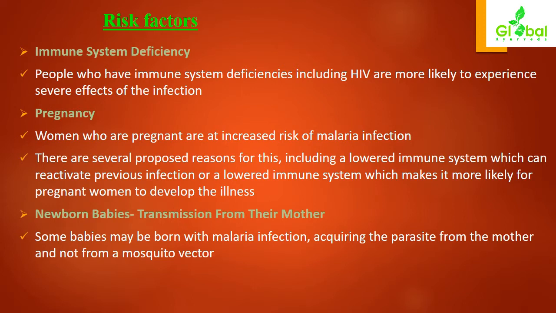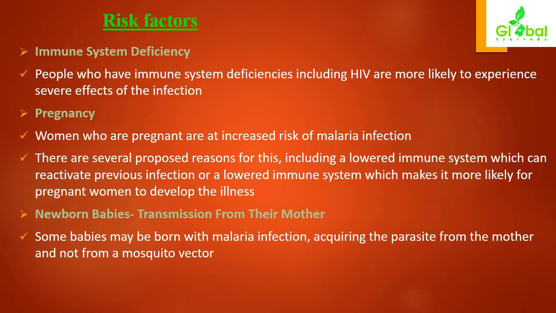Especially in a pregnant woman, the immune system will be very weak, and this weakness will cause reactivation of the previous infection. In other words, a lowered immune system makes a more favorable condition for this kind of infection, and the disease will manifest more easily in these women.